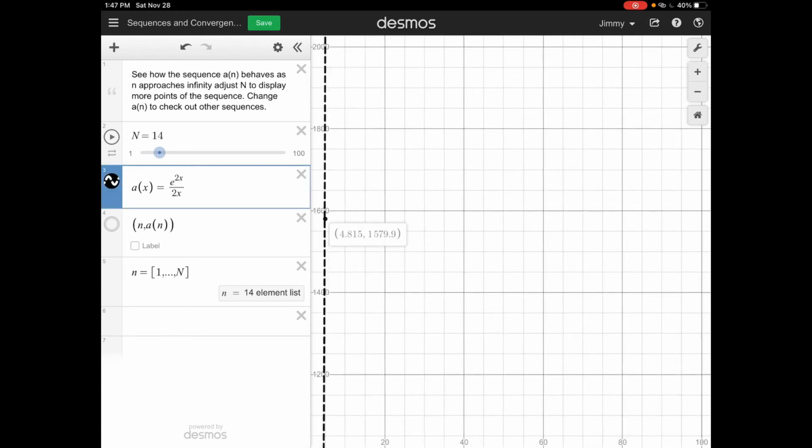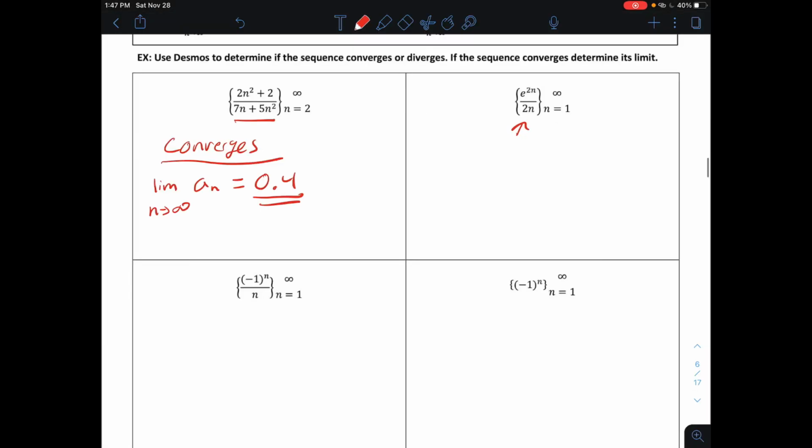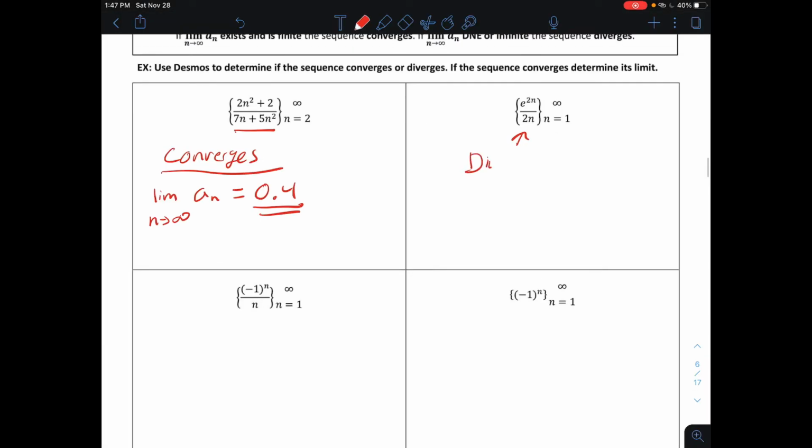And it is growing at such a large rate that it is heading towards infinity, so it is not approaching a finite value. So this function diverges. And the reason why it diverges is because what we saw was the limit as n approaches infinity for our explicit function was heading towards positive infinity, which is not a finite value.